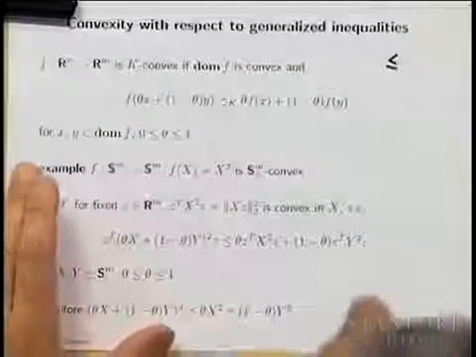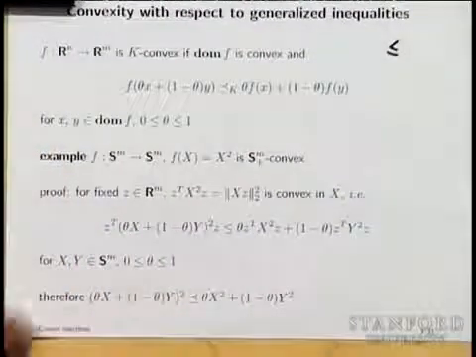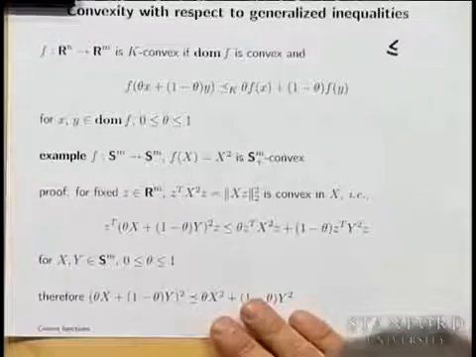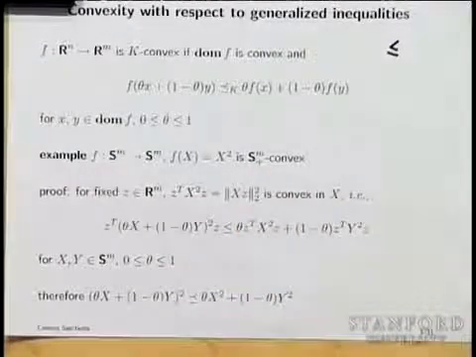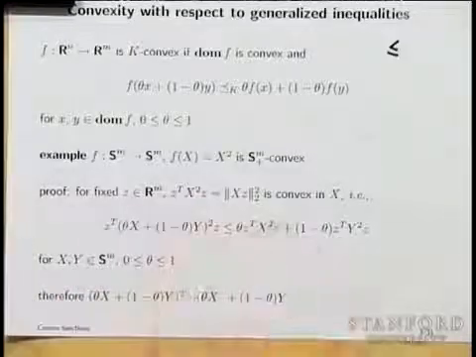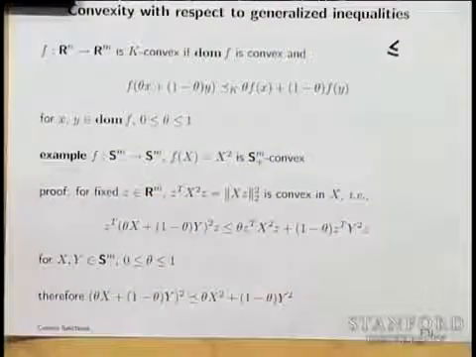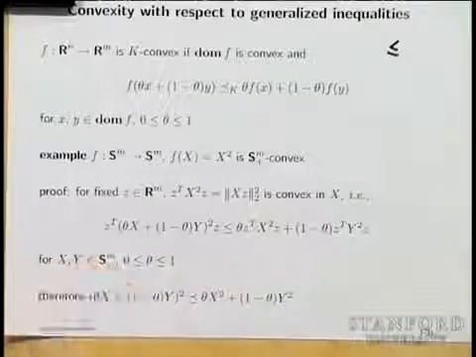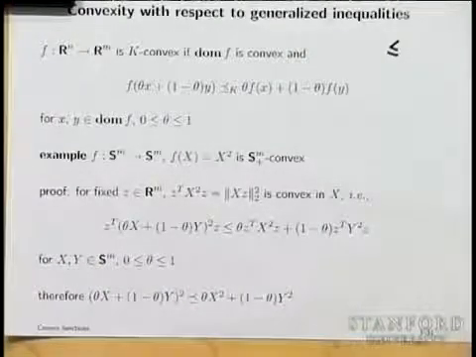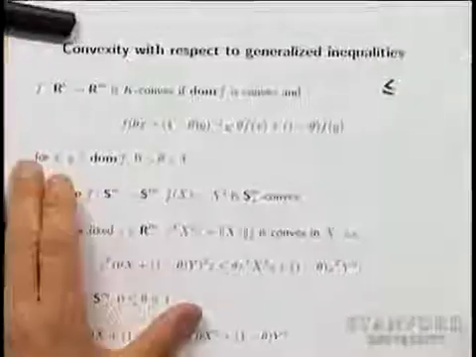Then you need the inequality to be able to say that f of theta x plus 1 minus theta y is less than or equal to theta f of x plus 1 minus theta f of y. These can be vector valued, and then you can talk about convexity with respect to a generalized inequality. The only case where this really comes up and is actually interesting is matrix convexity. There it just says the inequality holds, but the inequality is to be interpreted in terms of matrices.